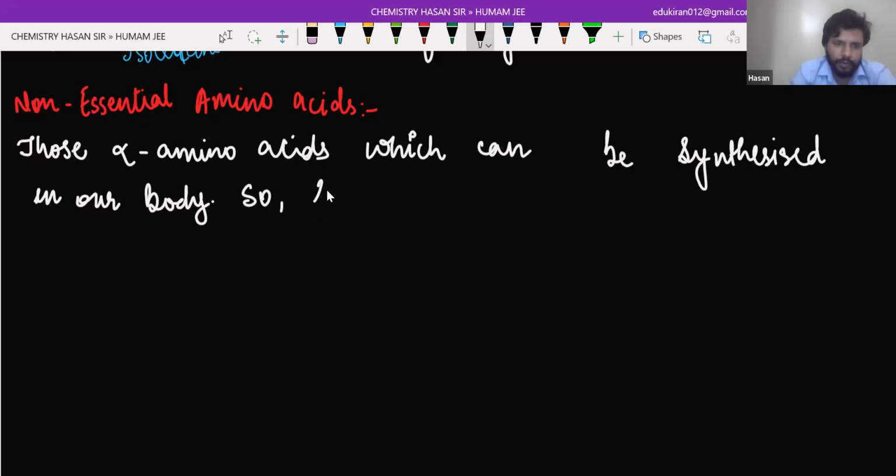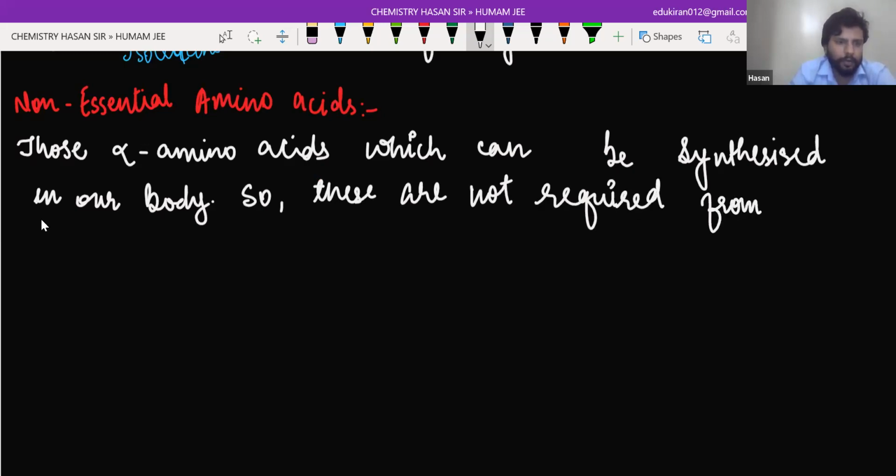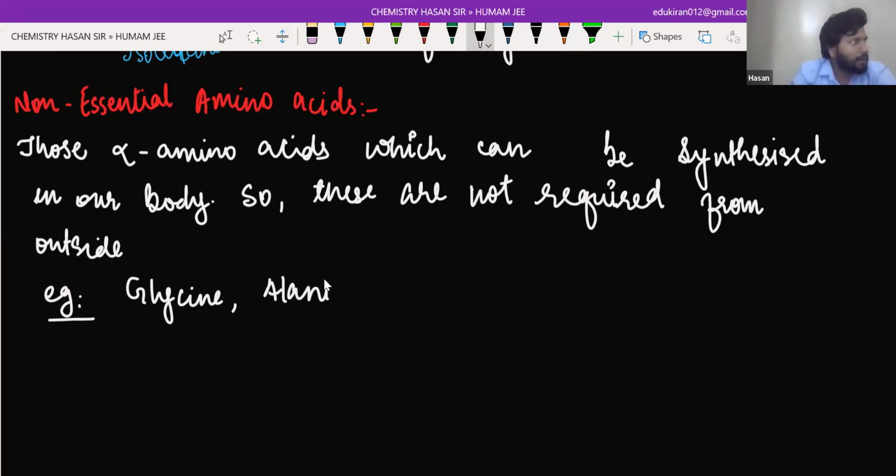So these are not required from outside. For example, glycine. You should remember which is essential and which is non-essential.